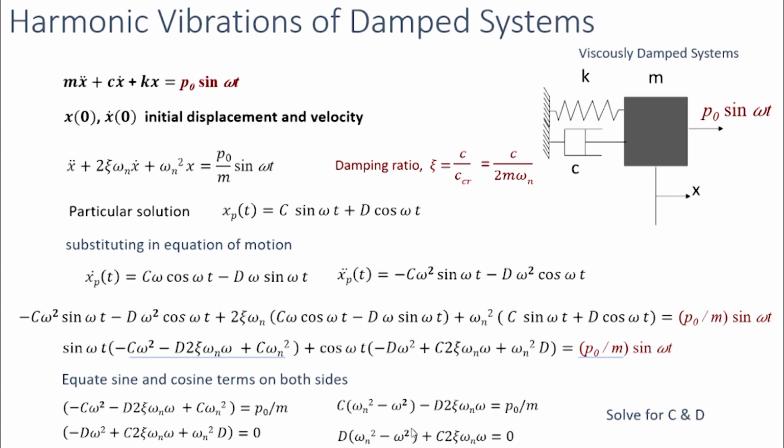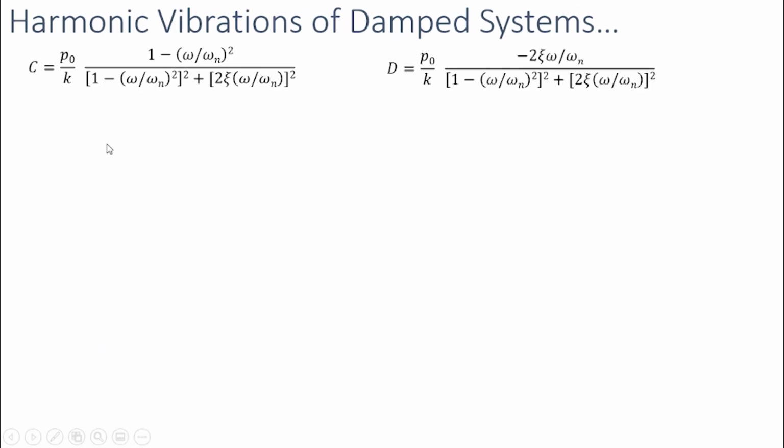We can solve these algebraic equations and find the expressions for our constants C and D. After solving these two equations, we will get C equal to P0 by k, 1 minus frequency ratio square divided by 1 minus frequency ratio square, the whole square, plus 2 zeta frequency ratio square.